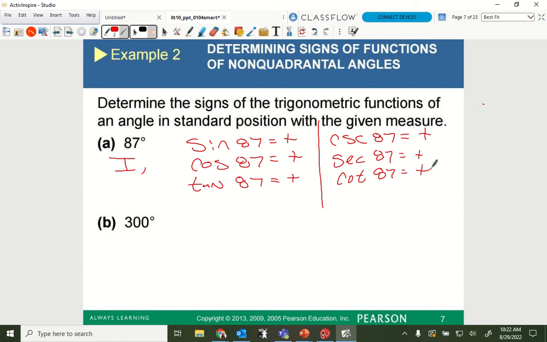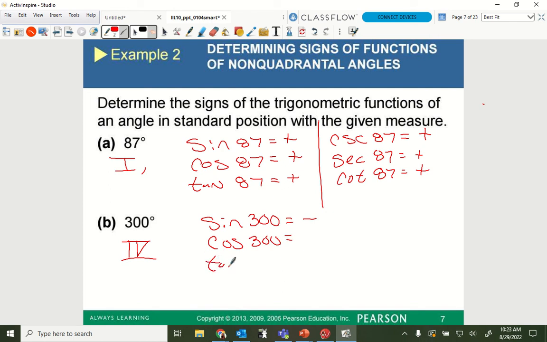How about that 300? Where's 300 end up at? It's quadrant 4, because quadrant 4 is between 270 and 360. So I'm going to say quadrant 4. And there, sine, you could use that other page. We know that sine there is going to be negative. You could just put a negative sign.